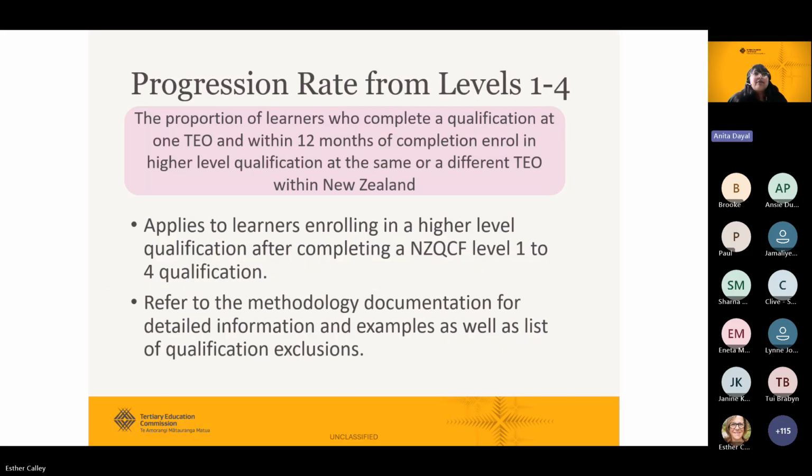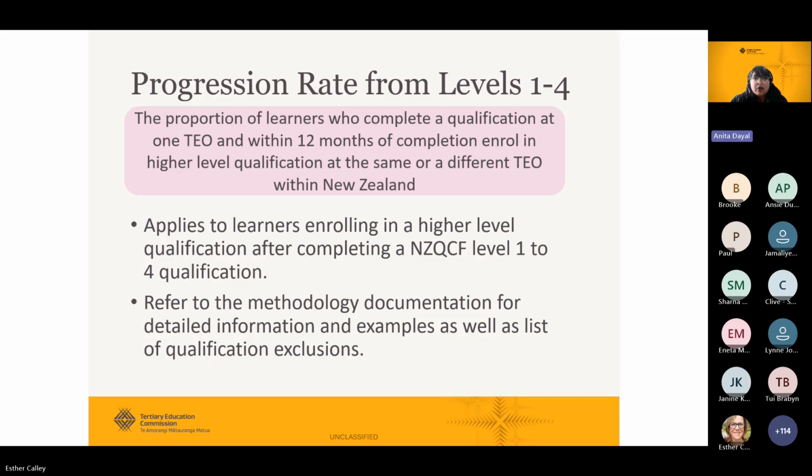So progression rate from levels 1 to 4 shows the proportion of learners enrolling in a higher level qualification after completing a level 1 to 4 qualification. The learner can enroll in their higher level qualification at the same or different TEO within New Zealand.